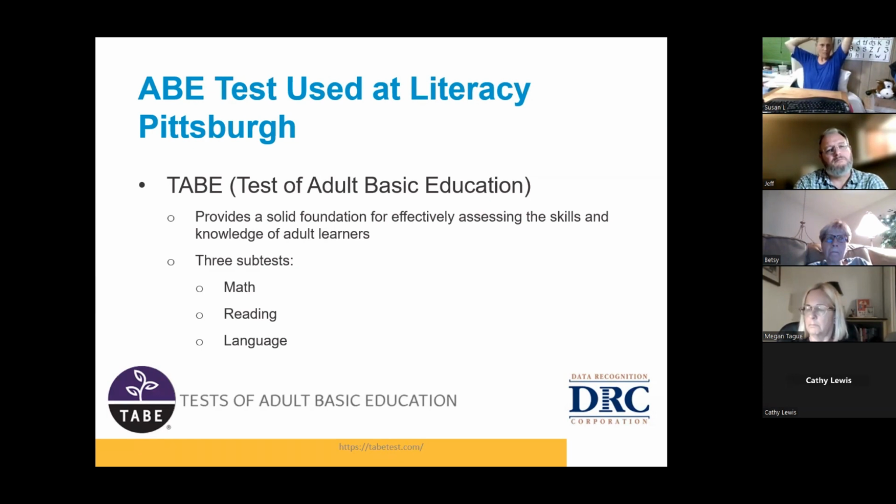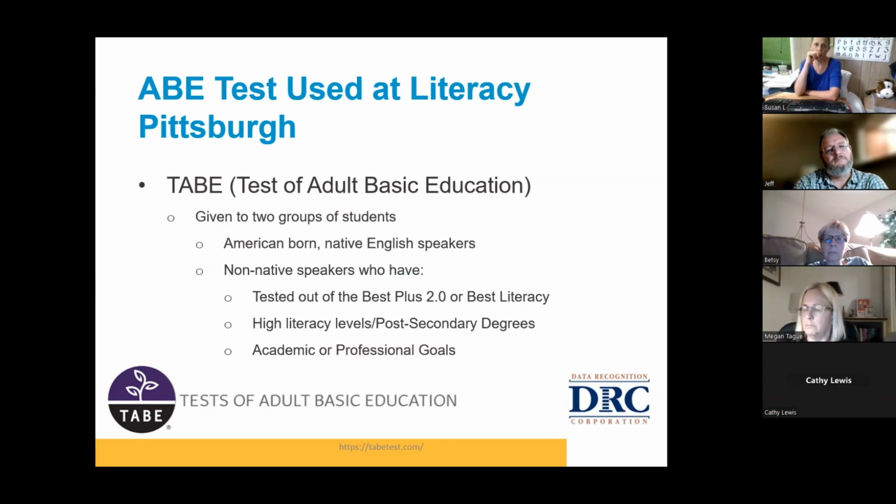So this test was made for American-born students. It was made for true ABE students. However, because there are many students who test out of our ESL tests, this is the test that we will give them if they have different goals. So there are 3 subtests, which is math, reading, and language, based on what their goals are.